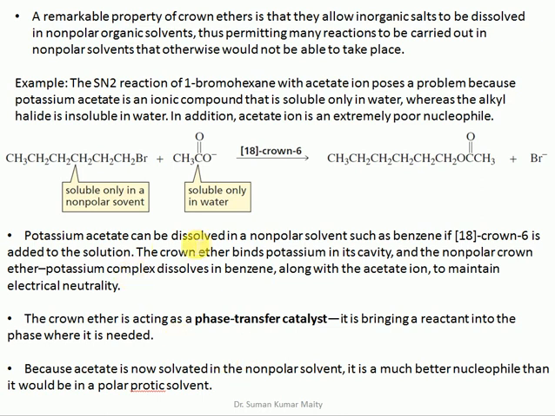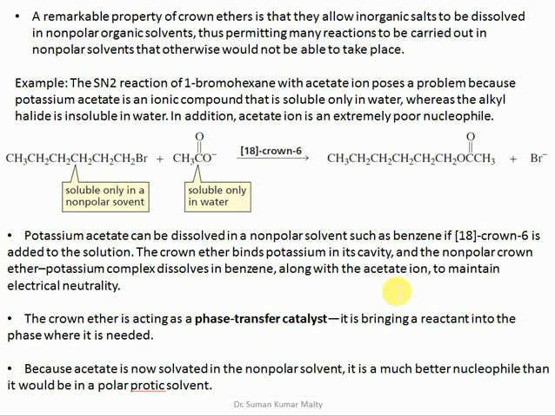So this is how crown ethers promote the nucleophilic substitution SN2 reaction by encapsulating the potassium ion and thereby transporting the acetate ion to the organic phase.